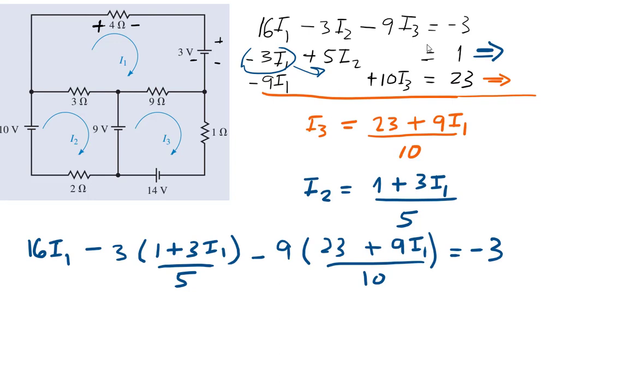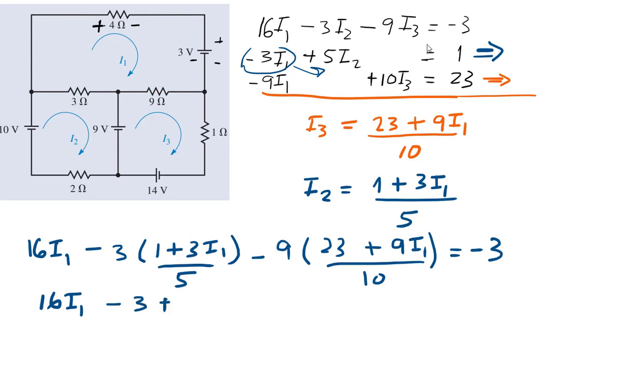So this is negative 3 times 1 is negative 3 over 5. Negative 3 times that is negative 9. Okay, let's do it, although this is a trivial thing.